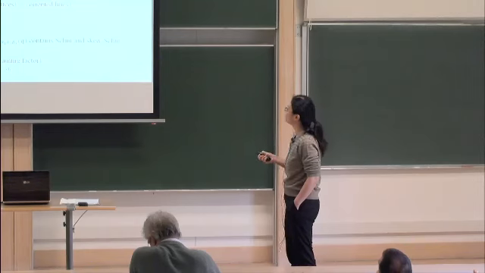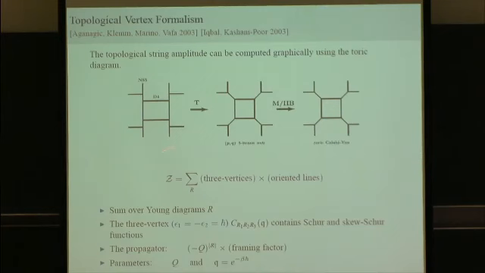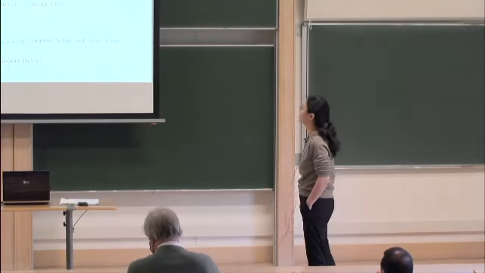So I can give you roughly the way to compute the string amplitude using this topological vertex formalism, but the computations themselves are quite complicated and technical. Roughly, the instanton partition function is computed in a way very similar to Feynman diagrams.